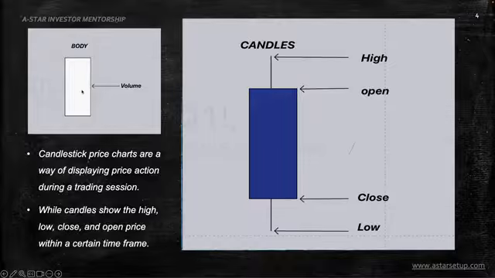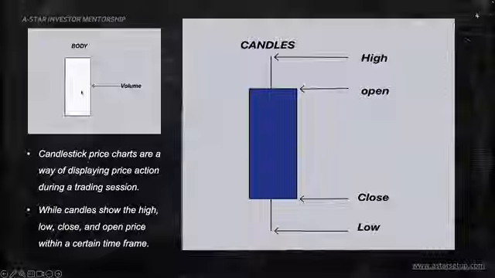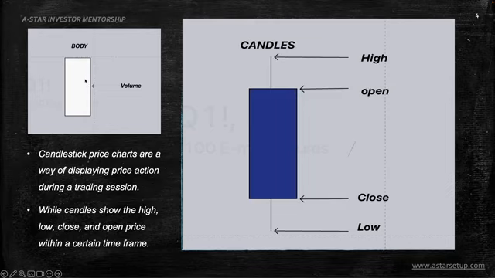The volume of orders will always be inside of the body. What I mean by that is, because price action occurred inside of this candle, because buyers and sellers interacted, a lot of times there will still be buyers populated inside of this candle, or there will still be sellers populated inside of this candle. So if price were ever to return back to this candle, those orders can easily be executed.